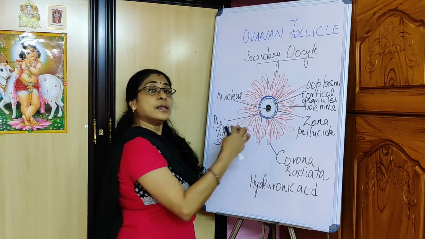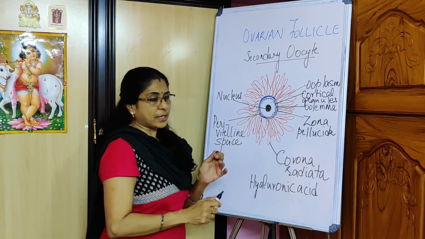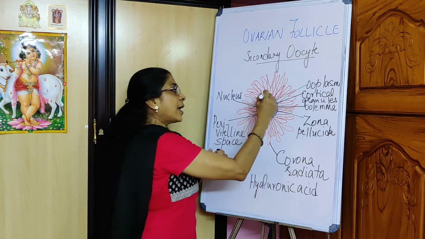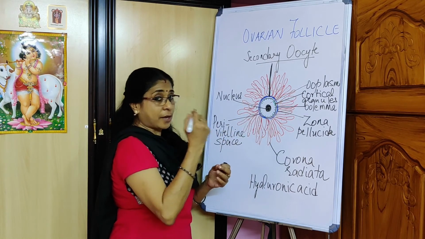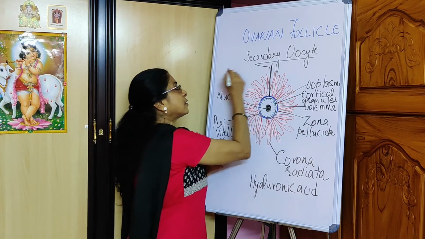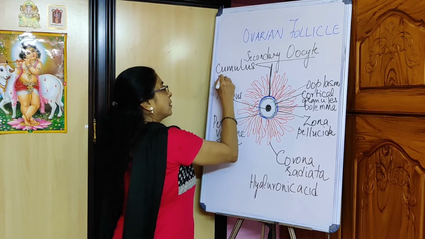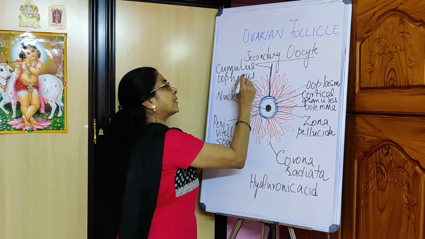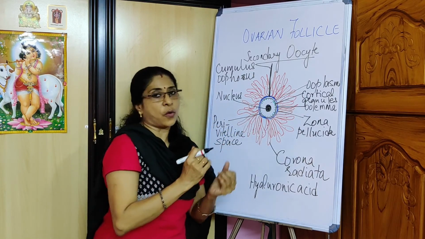Now this is the structure of a secondary oocyte, and you would recollect that it is within the ovarian follicle, attached to the ovarian follicle by a stalk. The stalk is known as the cumulus oophorus, which attaches this secondary oocyte to the follicle.